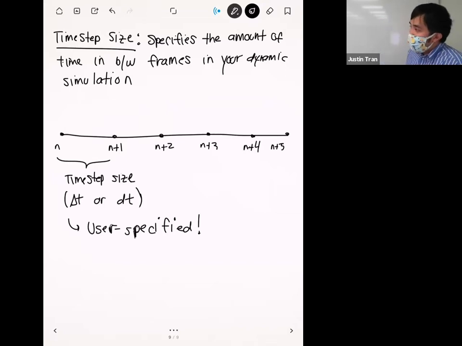And the way that you can think of the time step size, or the intuition behind it, is you can think of it as very similar to the mesh size.